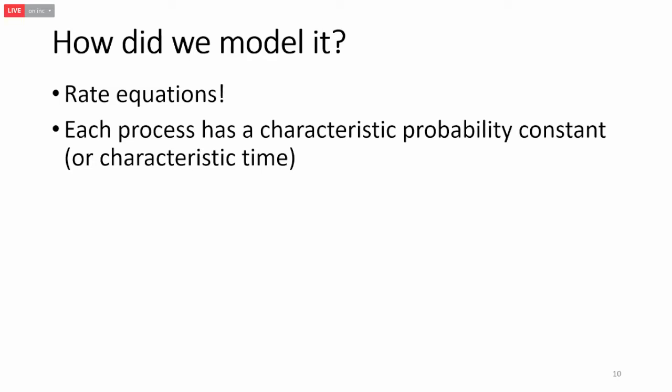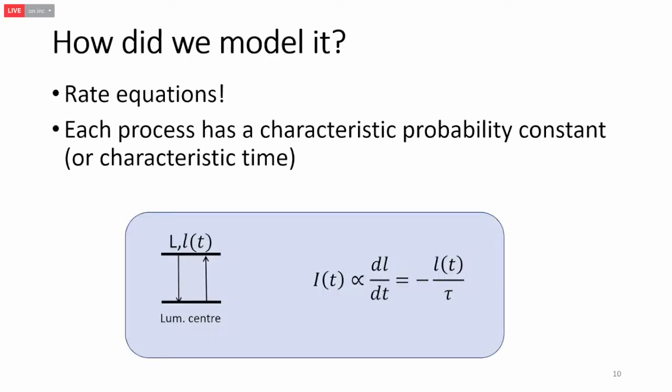That means that the amount of decay is relative, it depends on a certain constant. So the decay, the percentage of species that decays from the excited state to the ground state depends on a constant and the length of time. And so in that way, each process has a characteristic probability and constant.